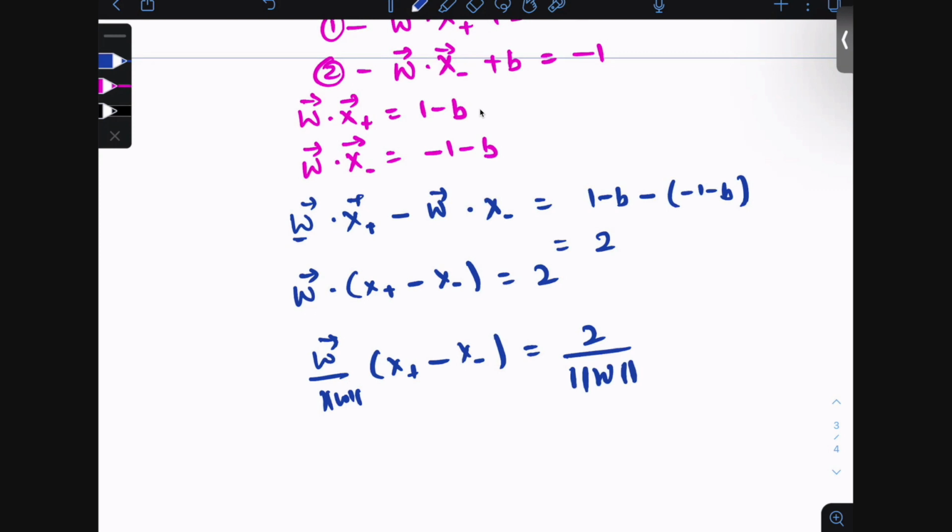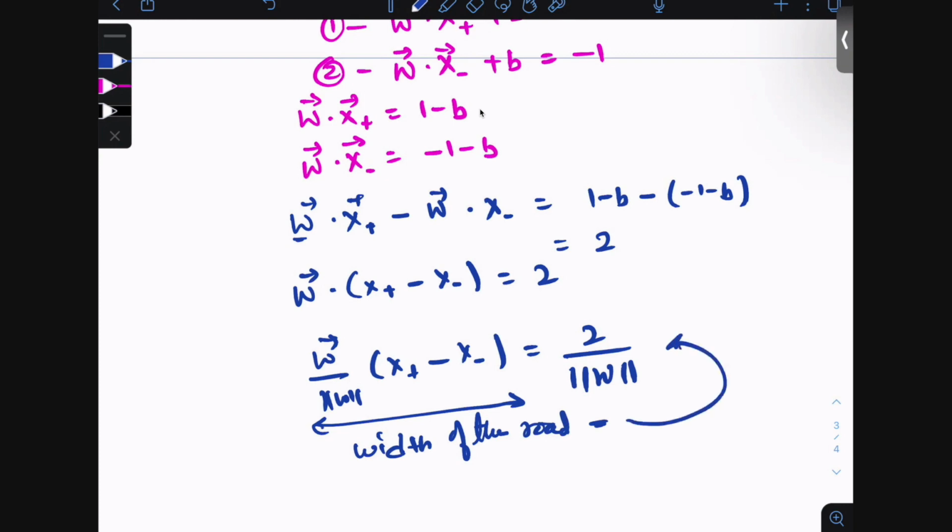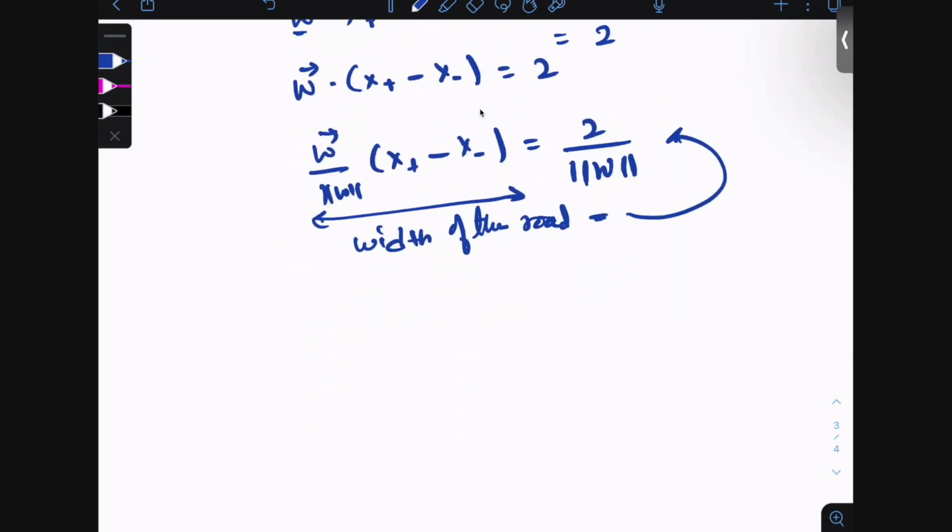Now this is my width of the road, right? And what did it come to? It came to 2 by norm w. So my width is equal to 2 by norm w, and I have to maximize my width, right?